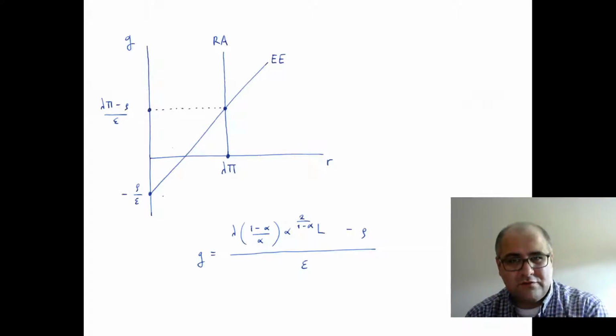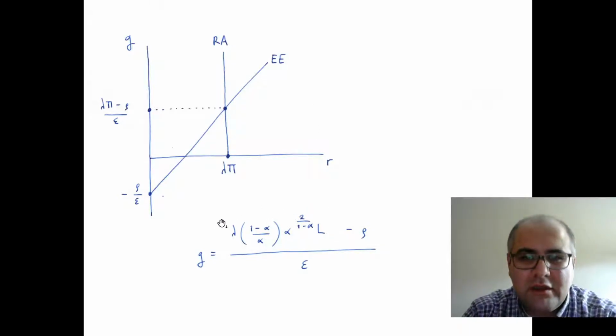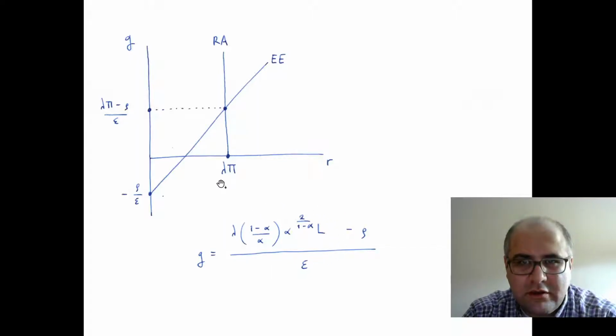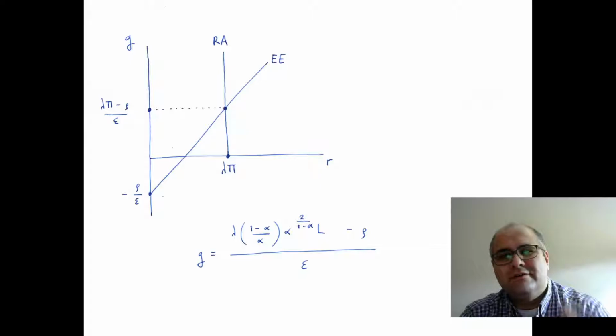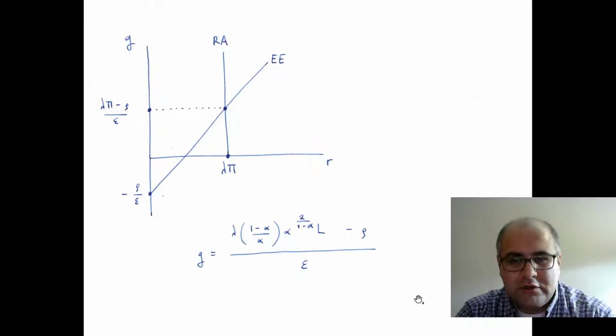Now we look at the technological side of a similar dynamic general equilibrium model, and we understand that R must depend on the research productivity in the economy and the unit profit from producing the intermediate input.